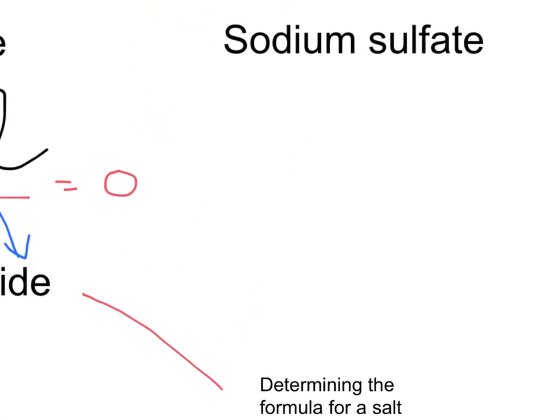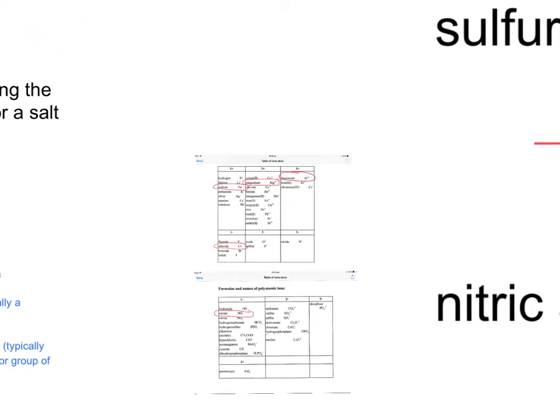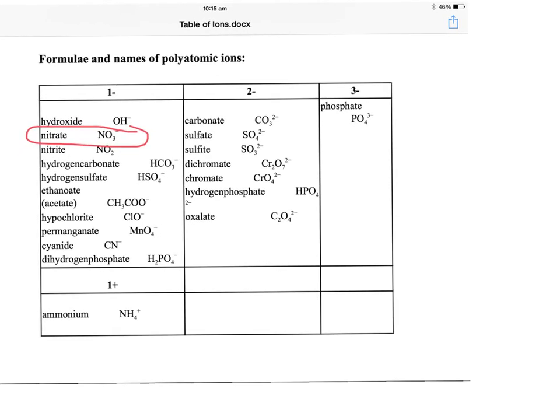One final example, which is up here, sodium sulfate. Sodium is Na+. Sulfate, if I look at my table down here, is also a polyatomic ion.